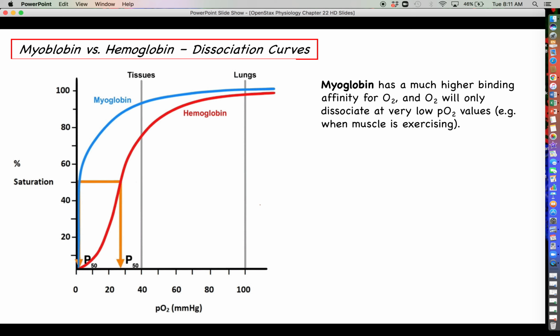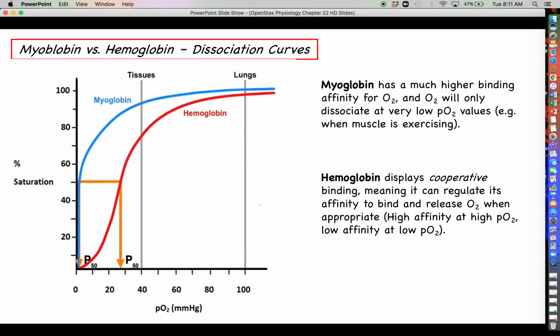This means that the only time myoglobin in skeletal muscle is going to let go of its oxygen is when those muscle fibers are practically out of oxygen, such as when they've been exercising for a very long time. As such, myoglobin operates a lot more like an oxygen battery, in which the stores of oxygen are only depleted when there is no other oxygen left.